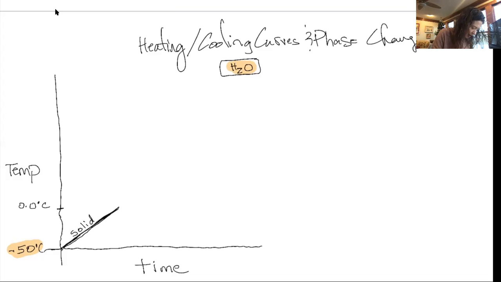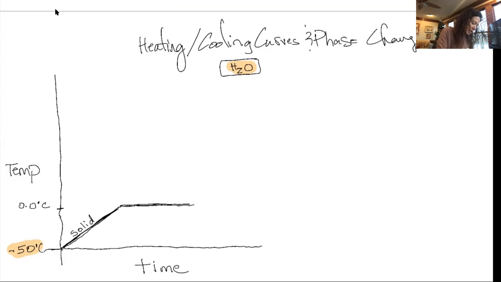That ice is going to start to melt. So right here, I have a solid turning into a liquid.